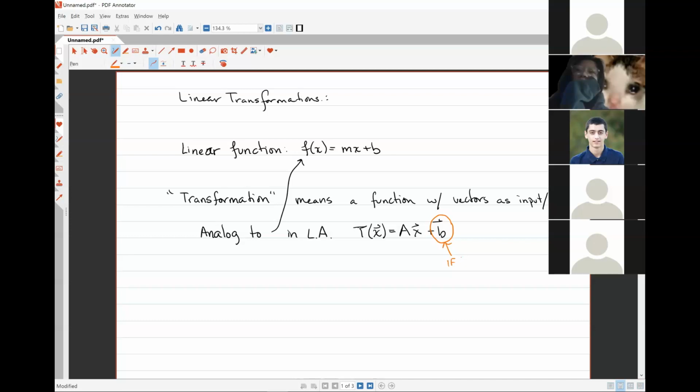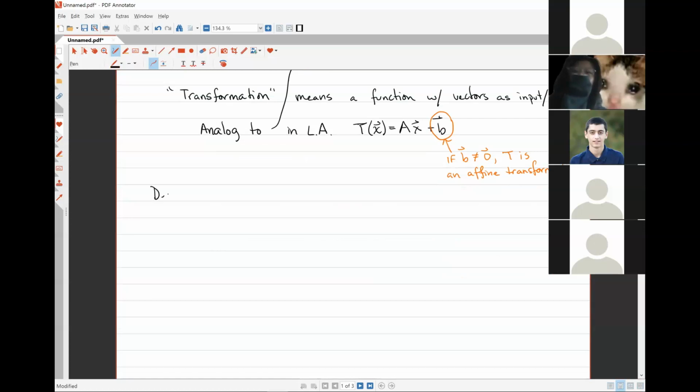So if B is not the zero vector, then T is what we would call an affine transformation. And when it is zero, that's when we have something called a linear transformation.